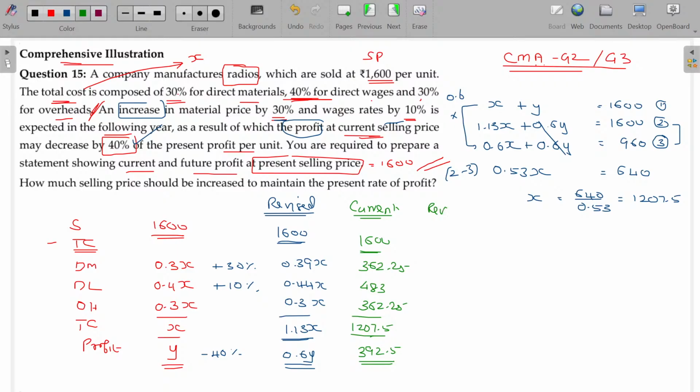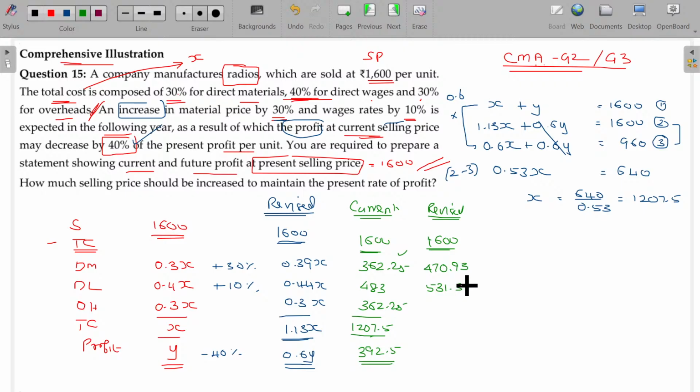And what happens in case of revised? We have not revised the sale price, that remains 1600, but direct material increases by 30%, so you add 30% to this, otherwise 0.39 into 1207.5, that way also you can calculate. The ultimate value is 470.93, I can round off. Next one being 0.44 into 1207.5, 531.93.